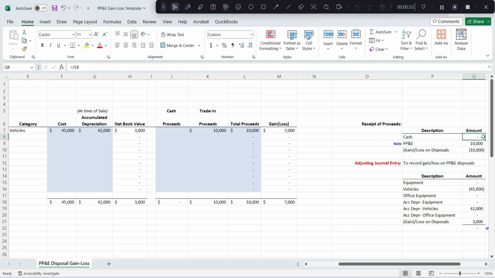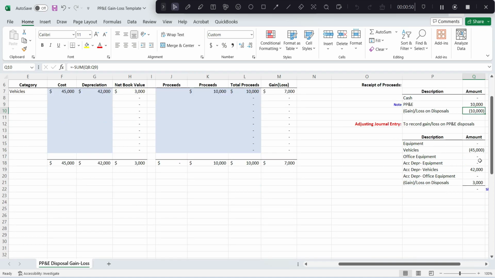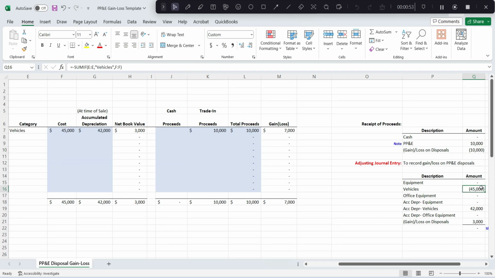Cash is not involved. You weren't paid cash. There's just $10,000 in value that's applied against a new purchase of, say, a 2023 Ford F-150. So you increase the asset and you credit the gain/loss account. And over here, you move the old asset out and you balance, again, the same as the previous entry.